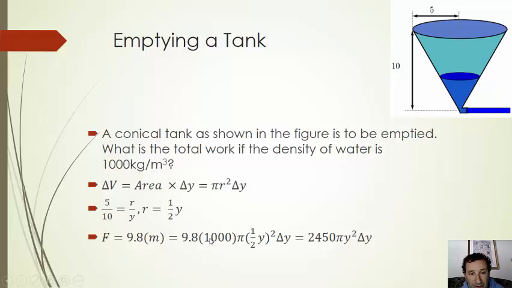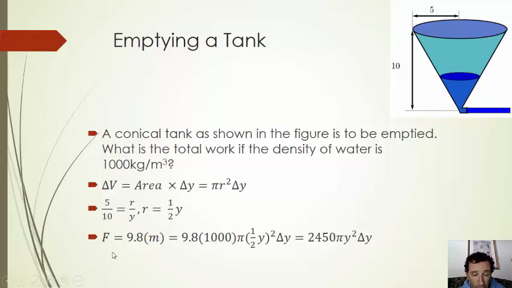The volume is pi r squared delta y, so it's pi times 1/2 y, that's our r, squared, delta y. I worked that out, and I got 2,450 pi y squared delta y.